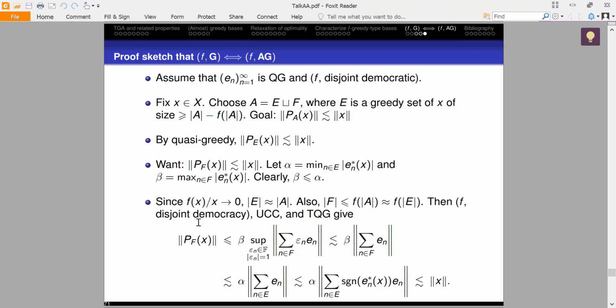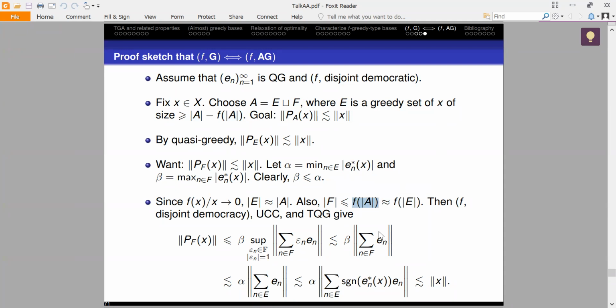But now if f(|A|)/|A| is going to 0, then you know that E is approximately A. Also, because E plus F is A, and E is at least |A| minus f(|A|), then the size of F is at most f(|A|).